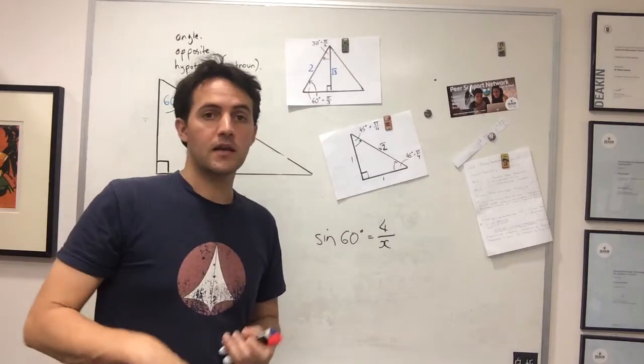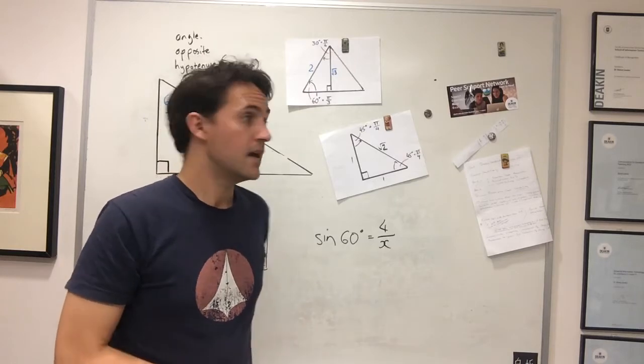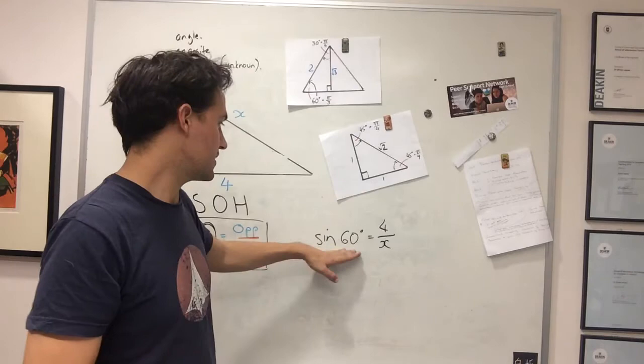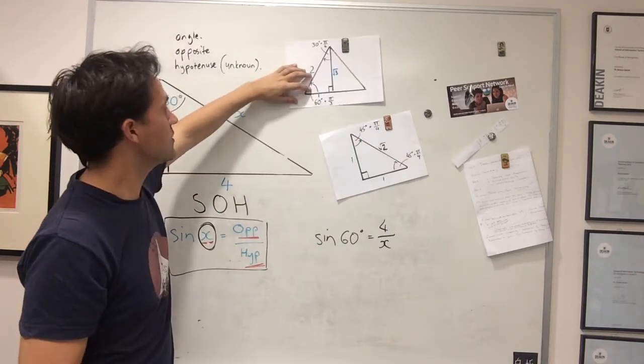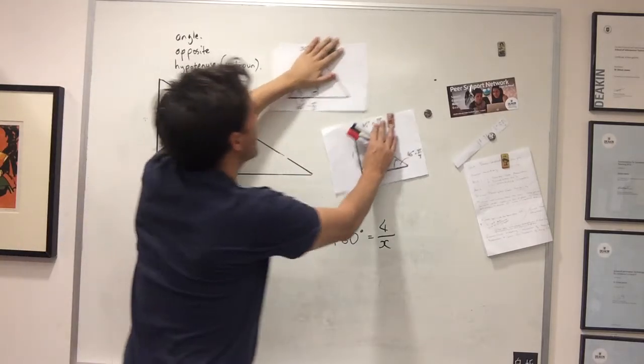Now, in those questions in the practical, it says use our standard triangles. And so the idea is that we actually know sine of 60 already, and we can determine it without a calculator, because we saw what sine of 60 was in this triangle here.